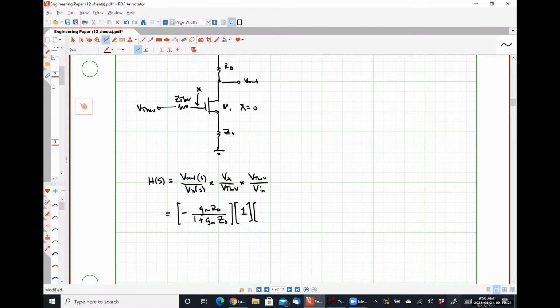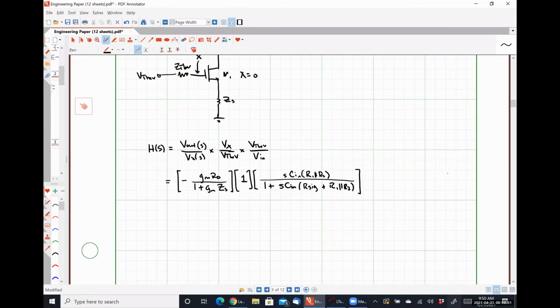So if I substitute that in, I'm going to have 1 plus S Cn (R sig plus R1 in parallel with R2) divided by, or excuse me, in the numerator, S Cn R1 in parallel with R2. And if I substitute in, I'm going to rewrite this slightly.